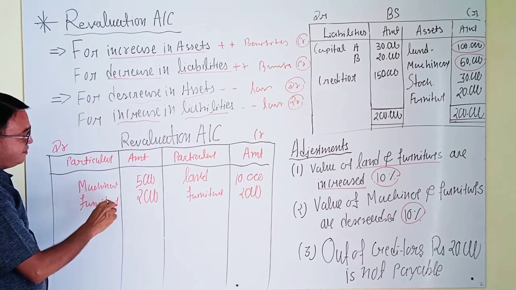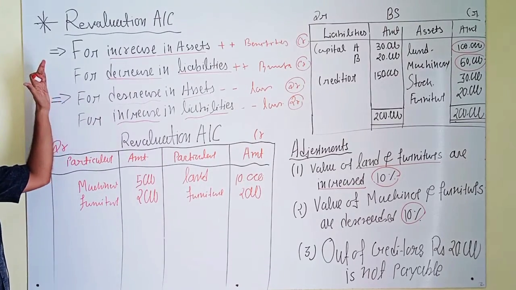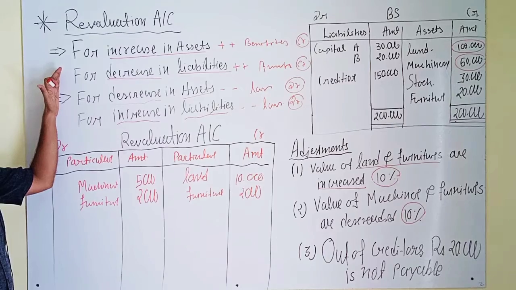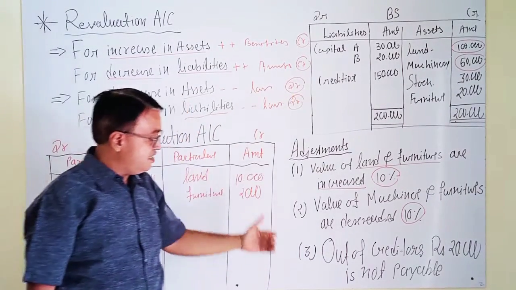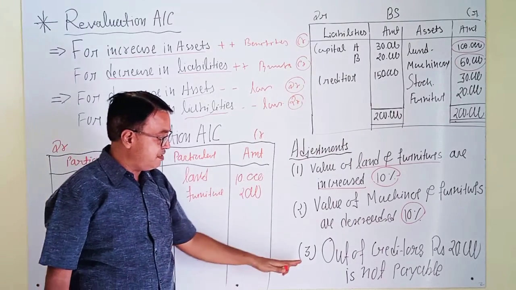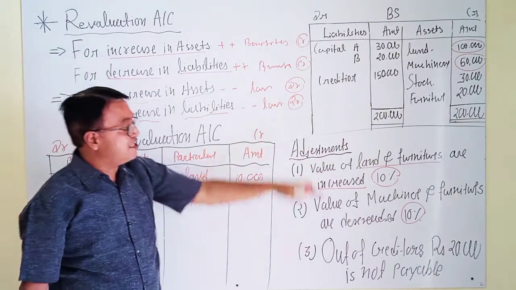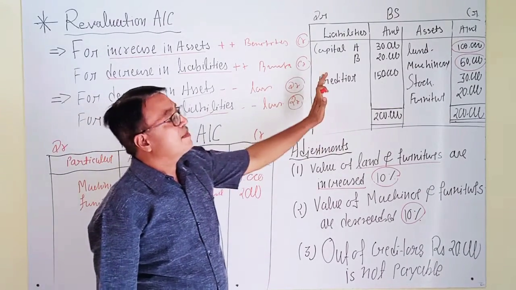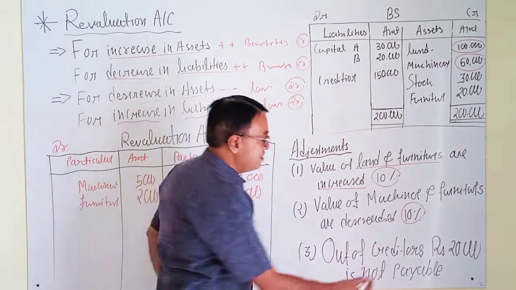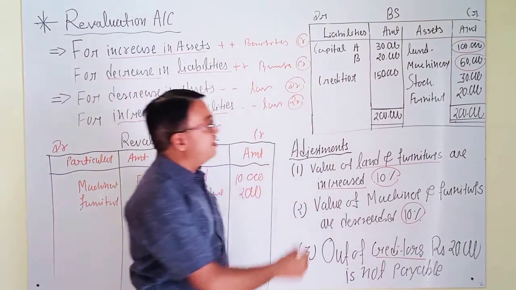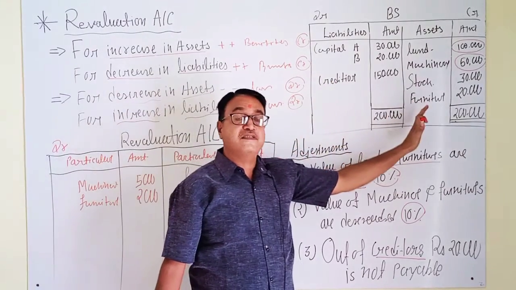Okay. Now you can see that 4 points are given, and I have explained all 4 points with adjustment and balance sheet. Only one adjustment is given last, and it is related not to assets but to liabilities. Out of creditors, here you can see creditors. Creditors are given on the liability side. Creditors are not assets.